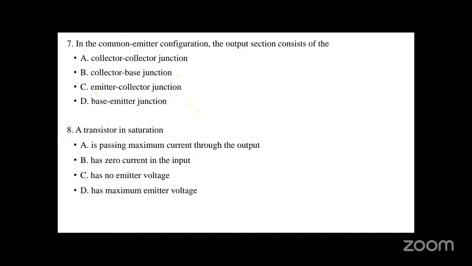Common emitter configuration implies that the emitter is common to both input and output. So the question is, which terminal is at the input and which terminal is at the output.